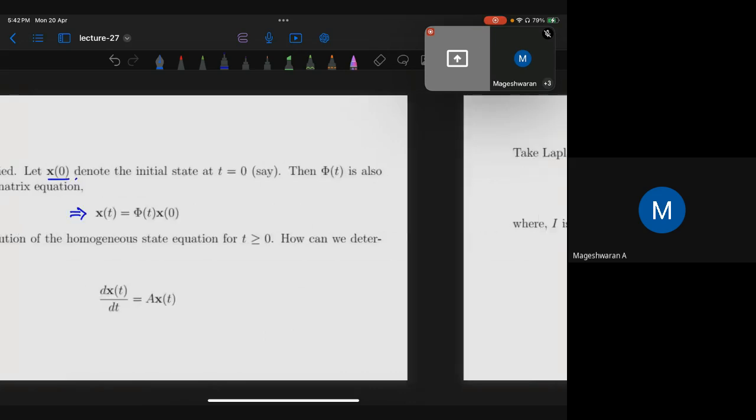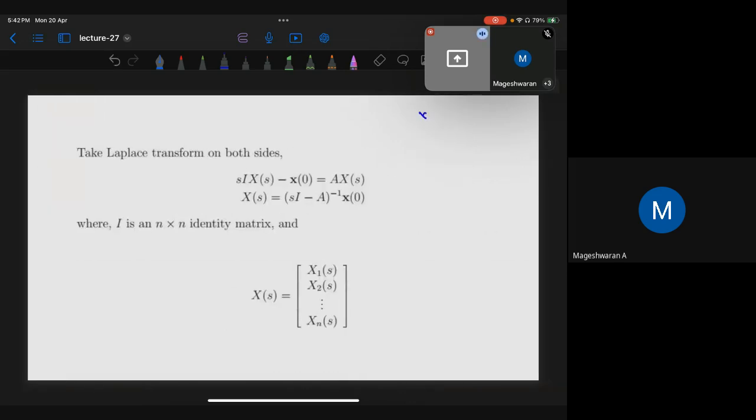Now you have this x dot equal to Ax plus Bu. Sorry, you have considered this equation x dot equal to Ax. What if you apply the Laplace transform on both sides? The Laplace transform of dx by dt is S x of s minus x of 0, correct?